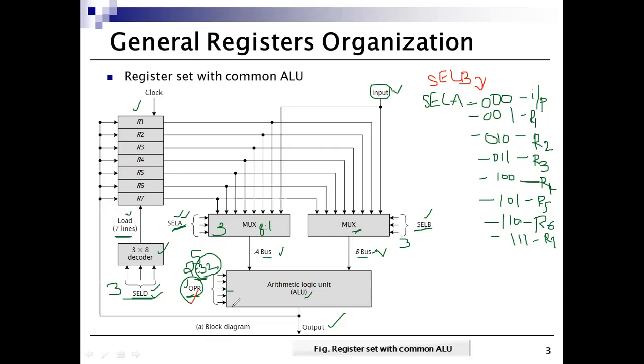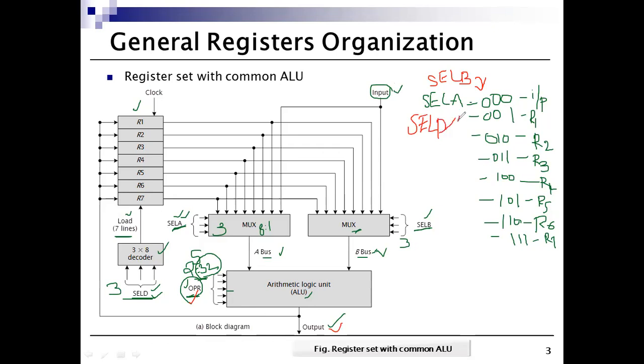And coming to SELD, which will select any one of the 7 registers for accepting the output, which will activate the load controls. The same configuration is given for SELD, except 0, 0, 0. If it is 0, 0, 0, we are not activating any of the load controls. It means the output is activated.